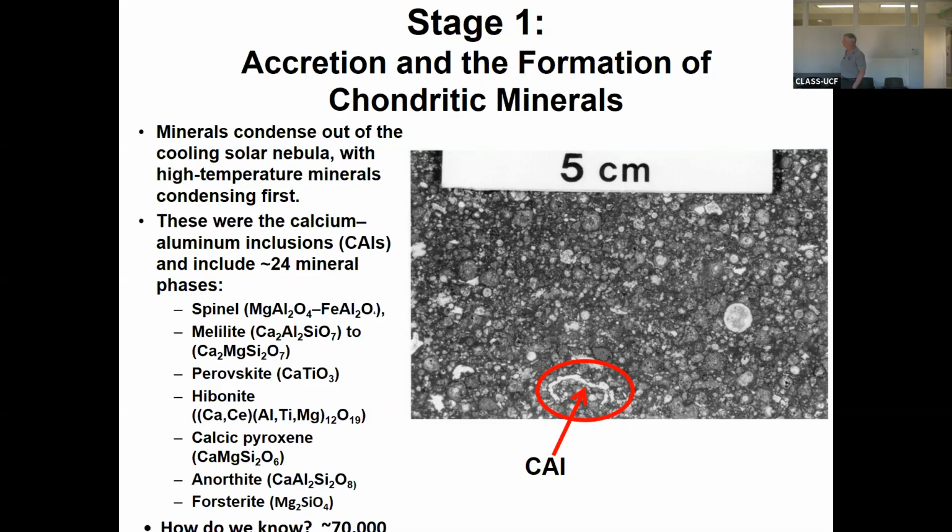Anorthite, forsterite. How do we know about the formation of chondritic materials? We have 70,000 meteorite specimens, and there's a site called the Meteoritical Bulletin. If you want to know excruciating detail on many of those 70,000 specimens, it's all there. Help yourself.